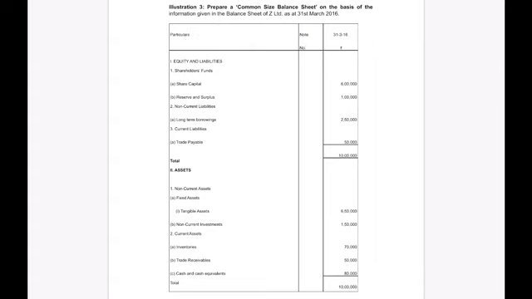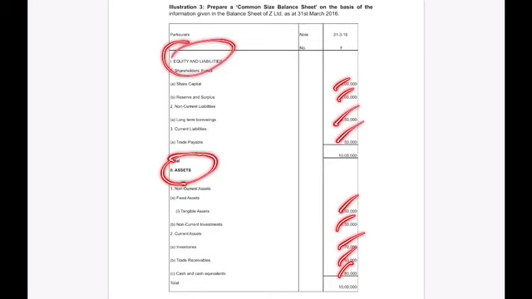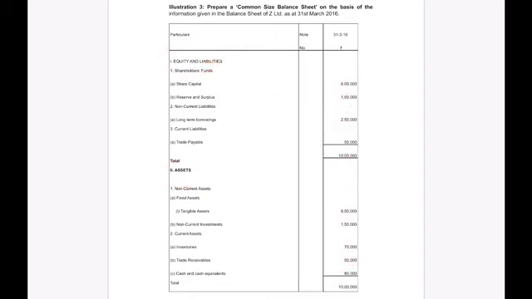That is, we need to express each and every item of equity and liability and assets as a percentage of the total of the balance sheet. So see, 6 lakh is what percent of 10 lakh? 60%. 1 lakh is what percent of 10 lakh? 10%. 2 lakh 50,000 is what percent of 10 lakh? 25%.